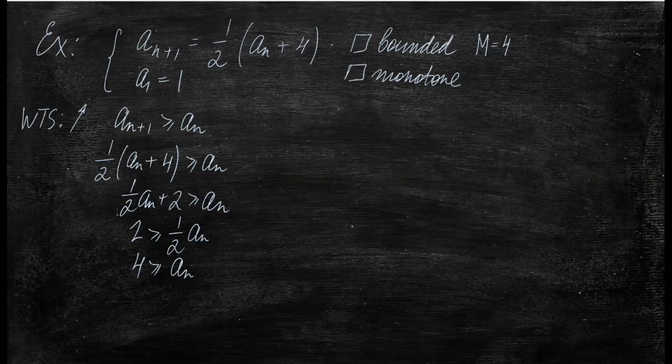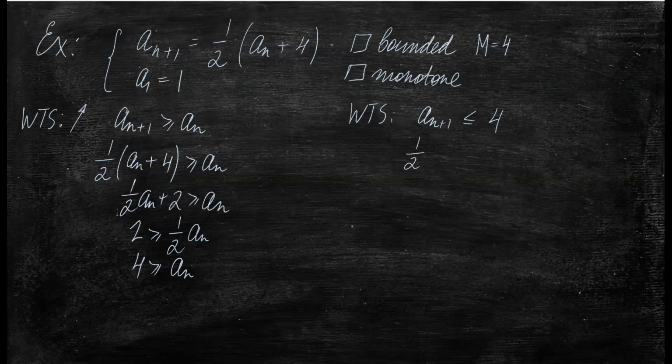So let's show that the upper bound is 4. How do we do that? To show that the upper bound is 4, we want to show that this is less than or equal to 4.